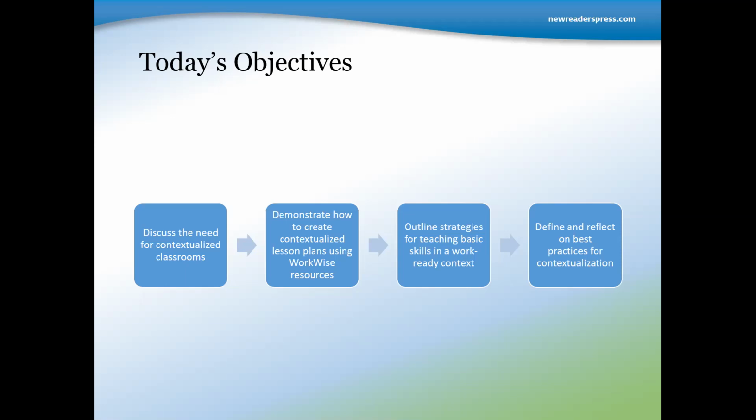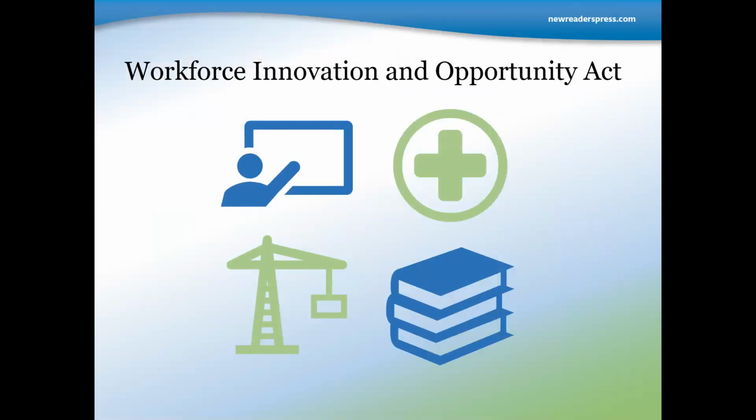So while there are many reasons, of course, for contextualization of our lessons, there is a common catalyst, and that is the Workforce Innovation and Opportunity Act, which I'm sure we're very familiar with by this point. It's going to have its 7th birthday this July. When it was enacted in 2014, it really shifted somewhat the focus of our work in adult education.